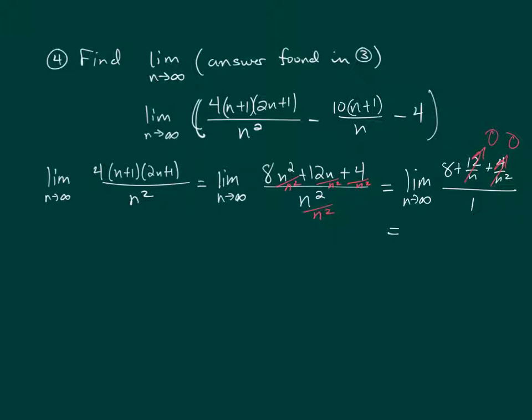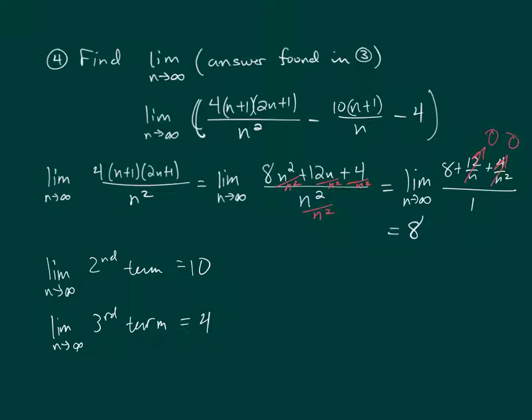And if you do this for the other two terms, you'll see that this second term has a limit of 10. So I'll just write here, limit as n approaches infinity of the second term equals 10, and the limit as n approaches infinity of the third term is 4.